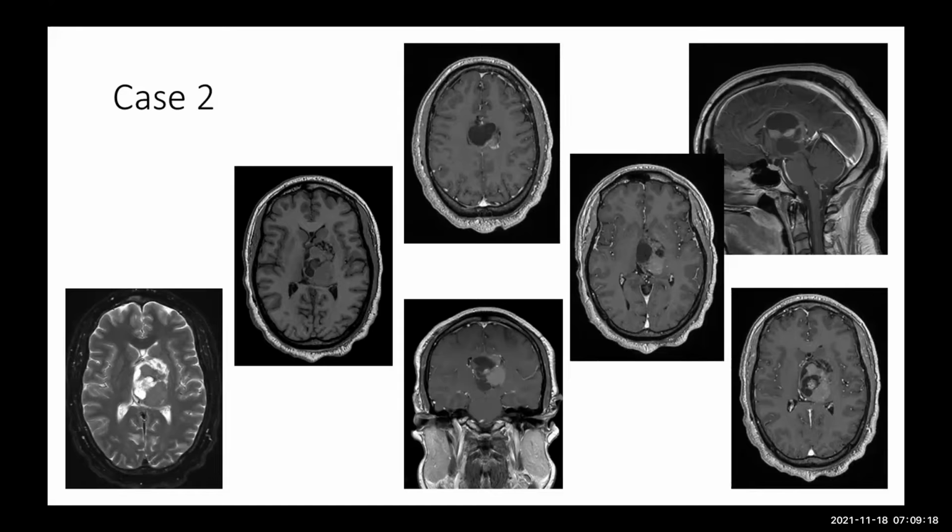Other lesions in this area include metastasis, possibly neurocytoma as well. I guess others, less likely neurosarcoidosis, other types of glioma like pilocytic or xanthoastrocytoma.